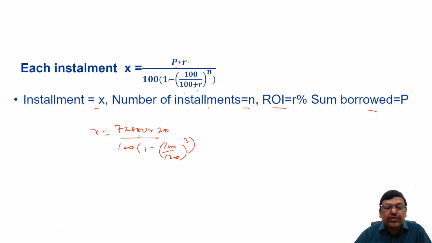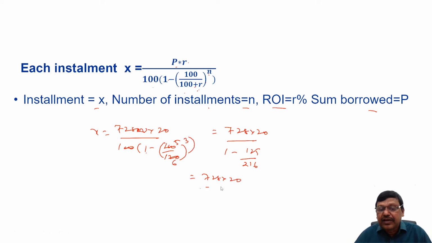If you simplify, 2 zeros get cancelled. 728 into 20 by 1 minus, 100 by 120 is 5 by 6, whole cube. 5 cube is 125, 6 cube is 216. If you simplify this further, 728 into 20 by (216 minus 125) by 216, which is 91 by 216.